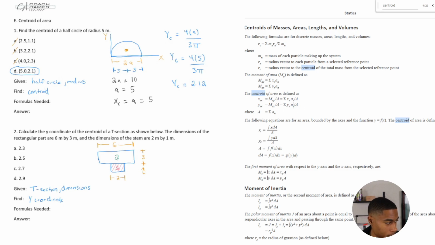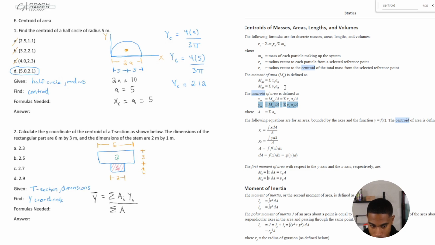So we have y bar. I'm just rewriting our equation here. Is going to be equal to the sum of the areas times the y centroid of the piece all over the sum of the areas of all the pieces.